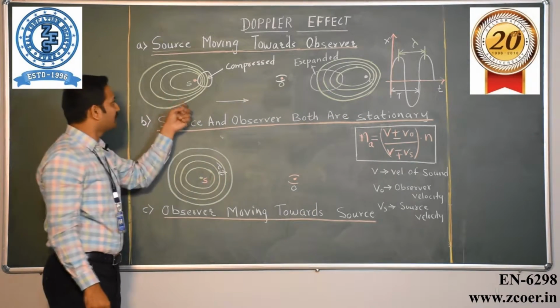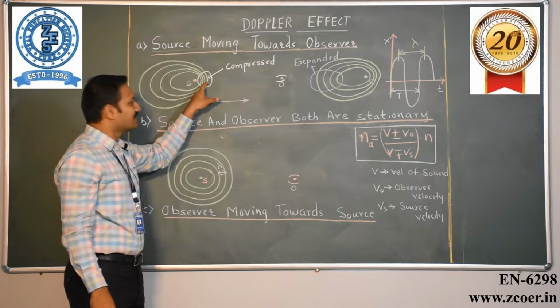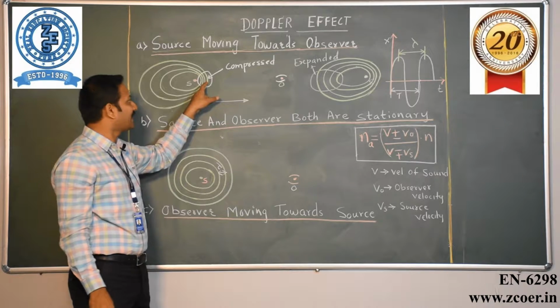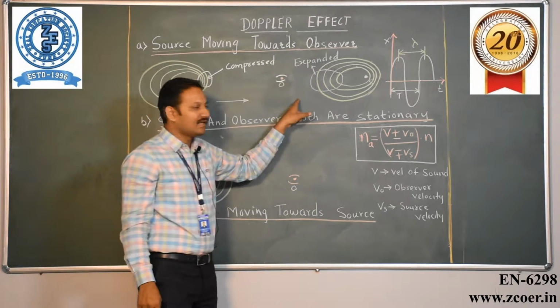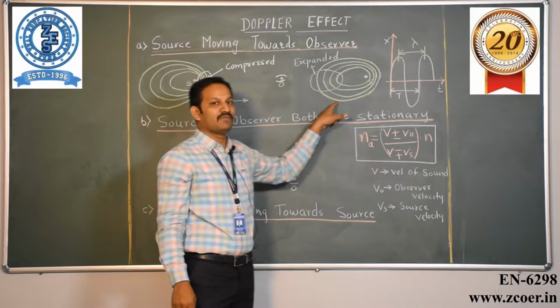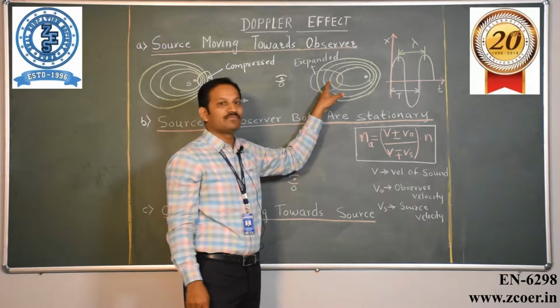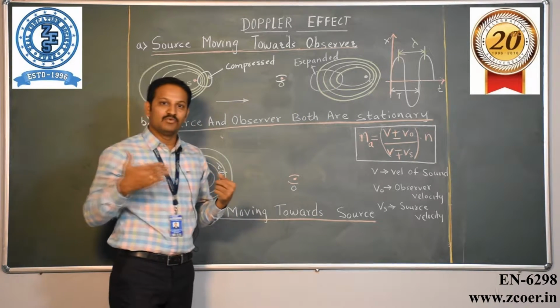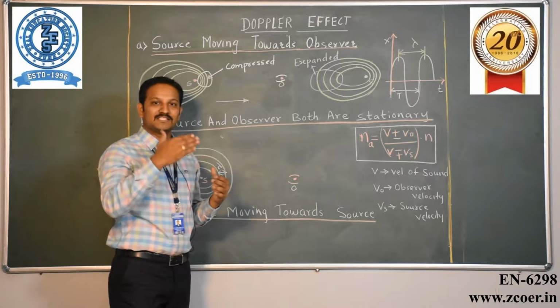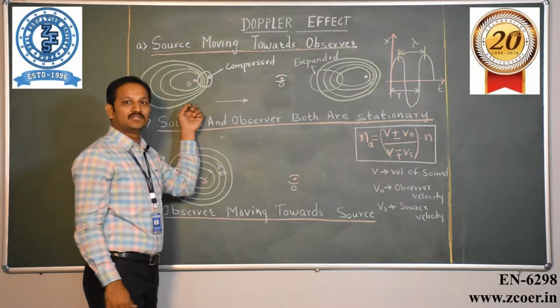That means if the source is moving towards the observer, the waves get compressed, that is lambda gets decreased and the frequency increases. While as the source moves away from the observer, you may find the lambda increases and the frequency decreases. So you may find as the ambulance moves away from you, the siren's pitch becomes very low. That is nothing but your Doppler effect.